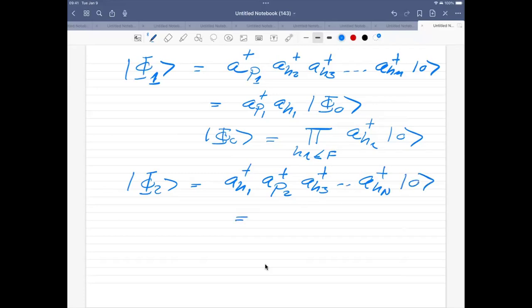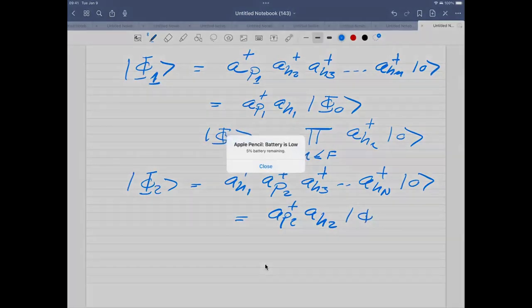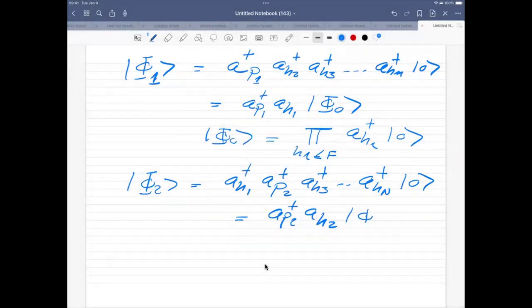And this is what we would, in the particle-hole representation, write as an A P2 of an A H2 acting on phi 0. Okay, so these are just representations which we are going to use now.